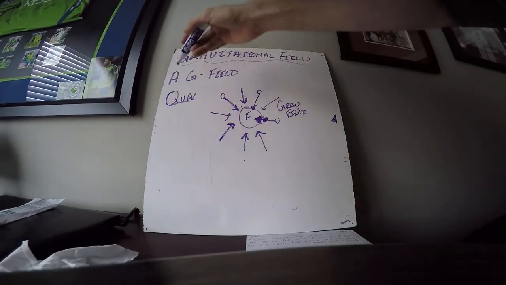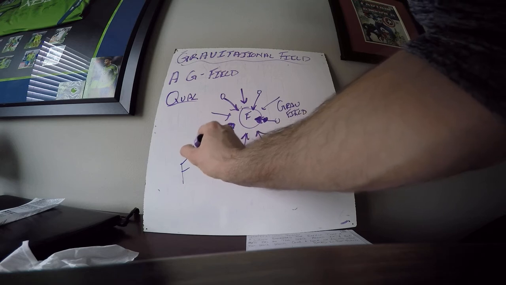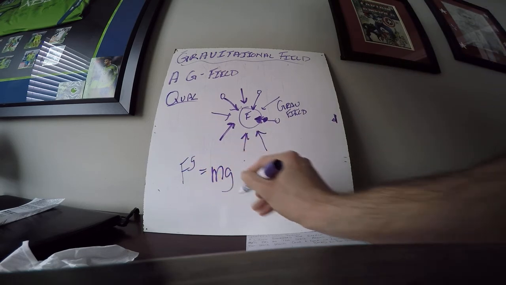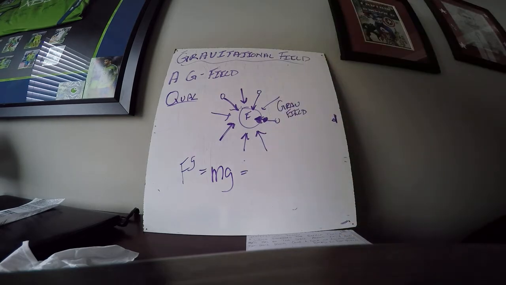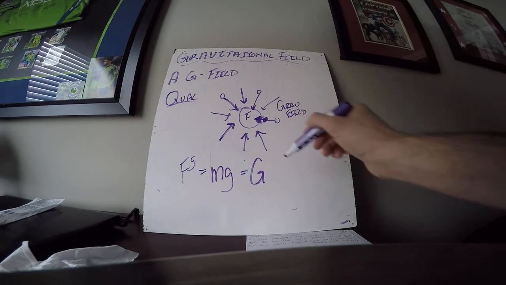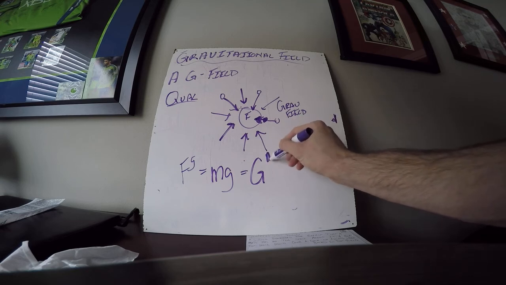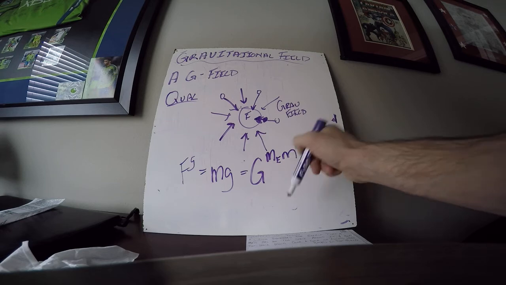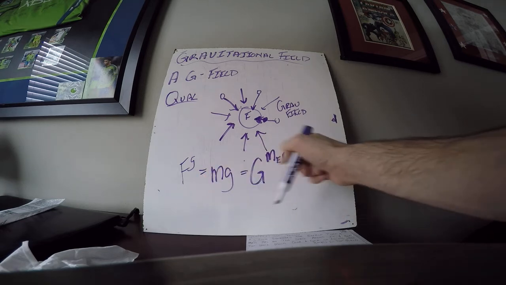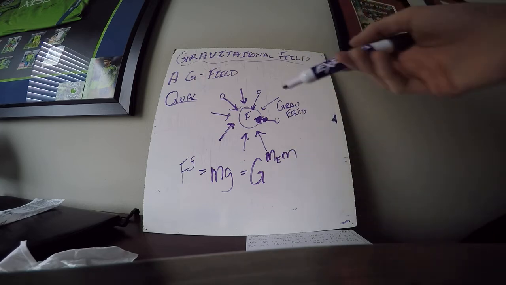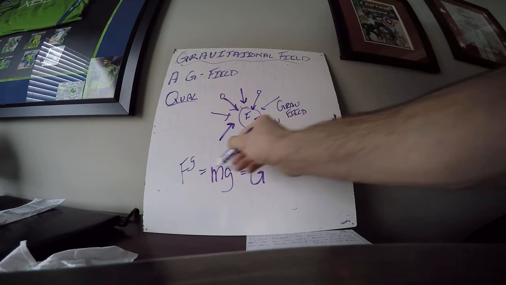So the equation we have for this: force of gravity equals mg. That's our normal thing that we say. And now we could put our new equation into that situation. Now our mass is the mass of the Earth and the little mass, whatever person or satellite or object or alien, whatever mass they are.